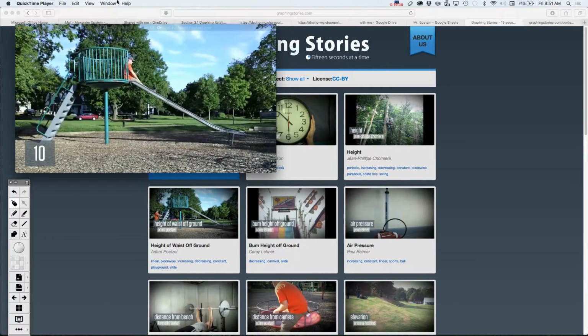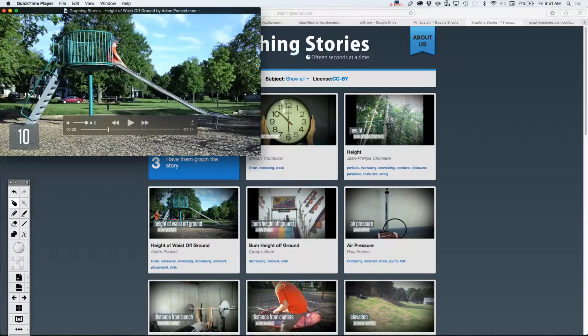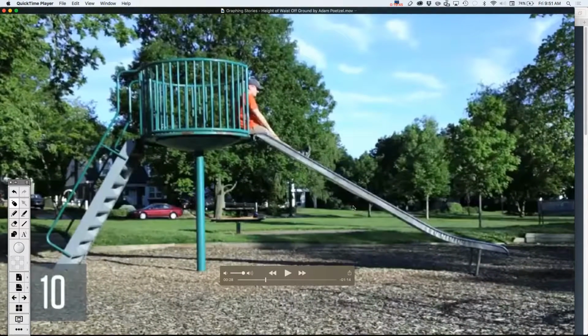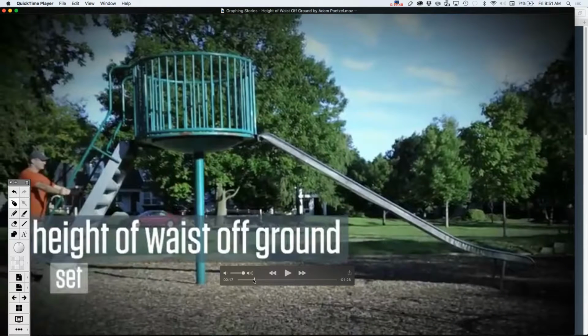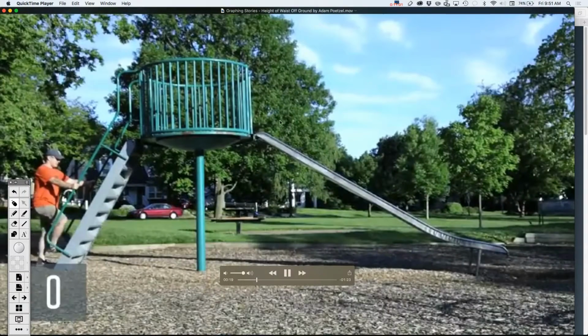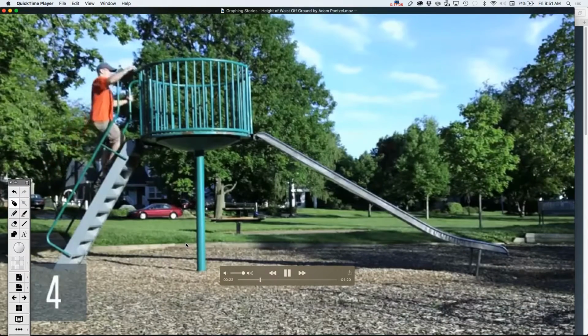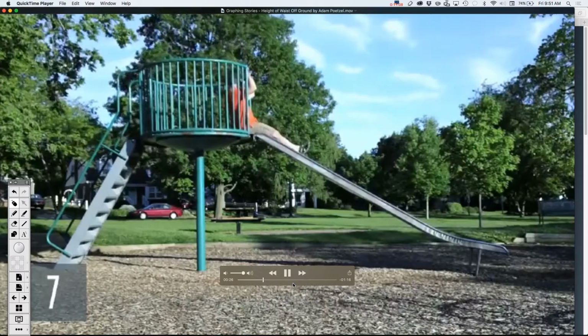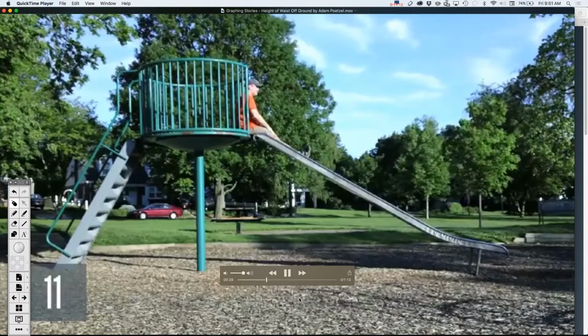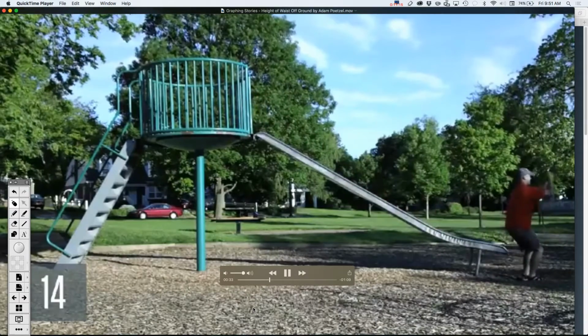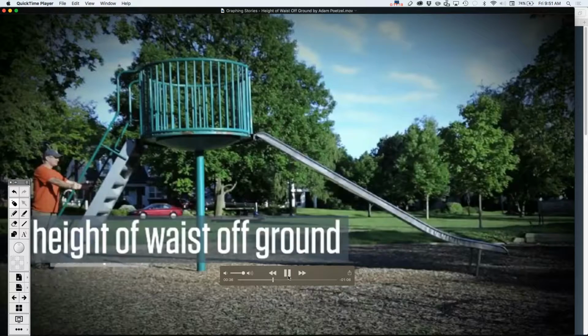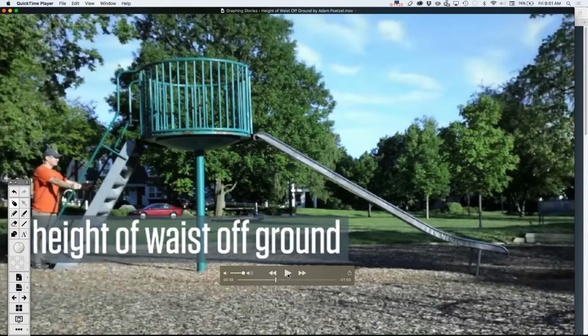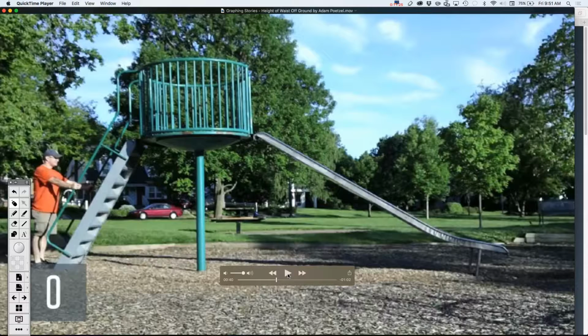Okay. Here, one more time. Okay, at 0, what do you think the height is off the ground?